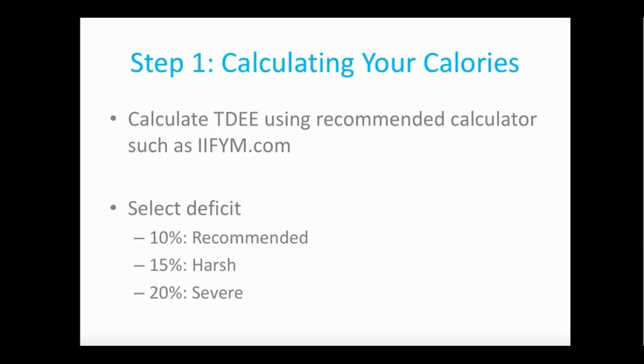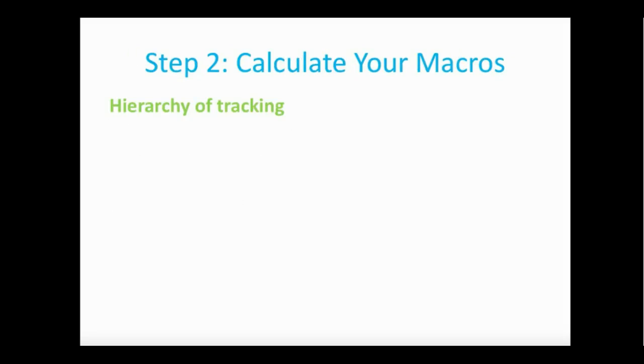But as I talk about in future videos, etc., the catastrophic effect that it can have by losing it quickly, same like these crash diets. Sometimes what normally happens is the quicker you lose it, the quicker you put it back on, and more. Step 2 of calculating your macros is the hierarchy of tracking.